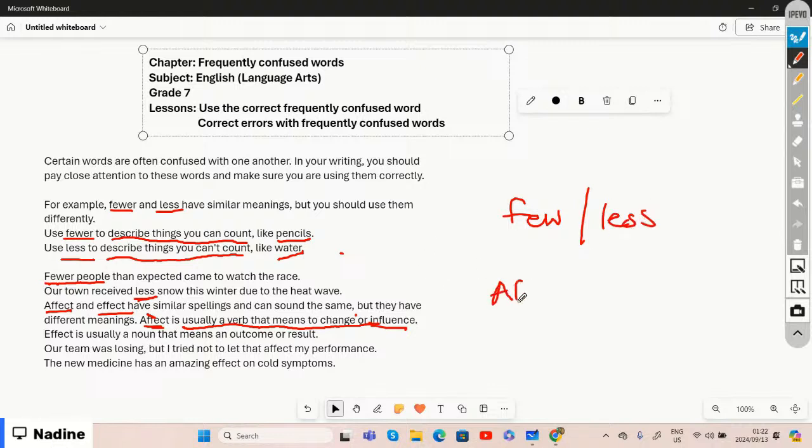And then we have affect, and then we have effect. These are words that are frequently confused. And when we use the word effect, effect is usually a noun that refers to the outcome or results of something.